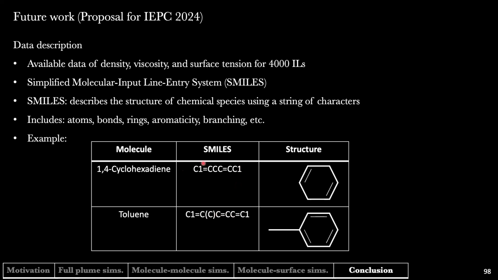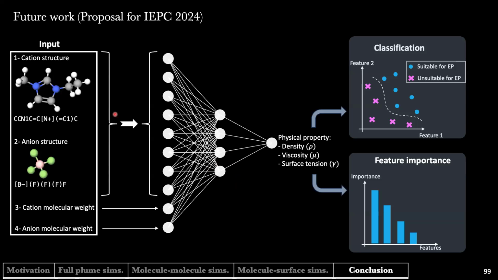And the goal is to use this string of characters as an input for our machine learning model. So the input would be the SMILES representation of the ionic liquids plus the cation molecular weight and the anion molecular weight. And then we can feed this into a neural network.